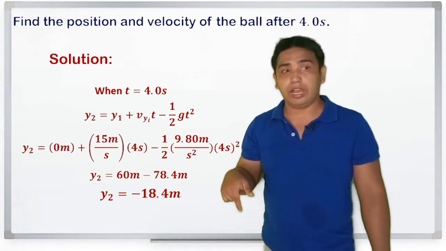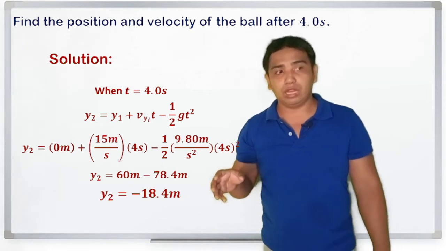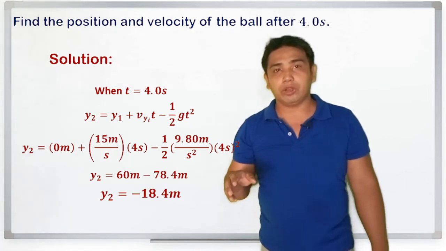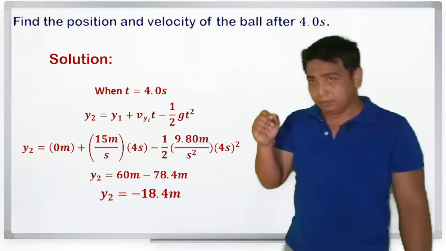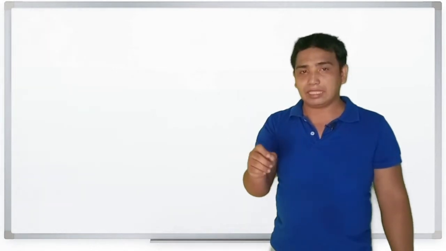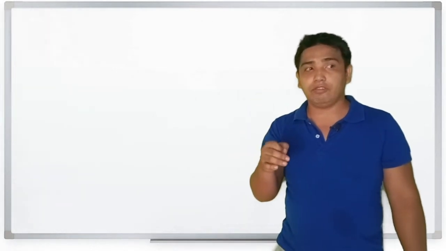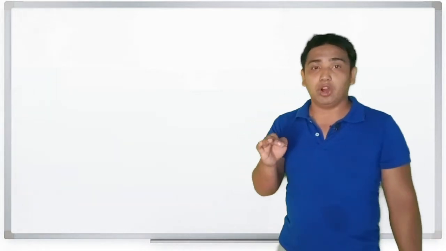So you will have 18.4 meters away from you, and that's downward, so you are going to affix the sign negative. That's the importance of setting up the axis in the right direction, because if you set the axis in the wrong direction, you will get wrong answers.